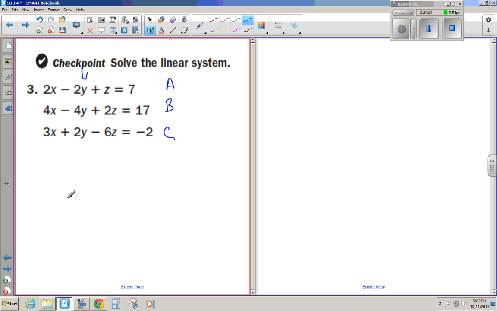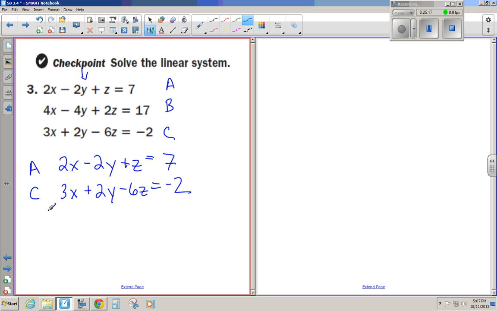And I'm going to now look at this and say, look, negative 2 and positive 2. They are already opposite, so we're going to look at A and C. What's nice, since I saw that, I don't have to do any multiplying.